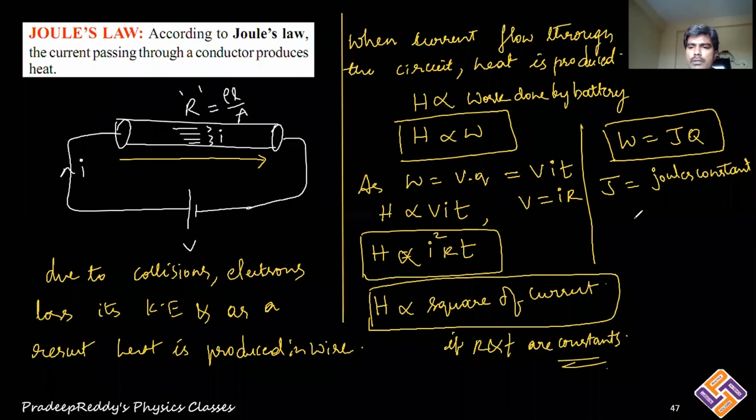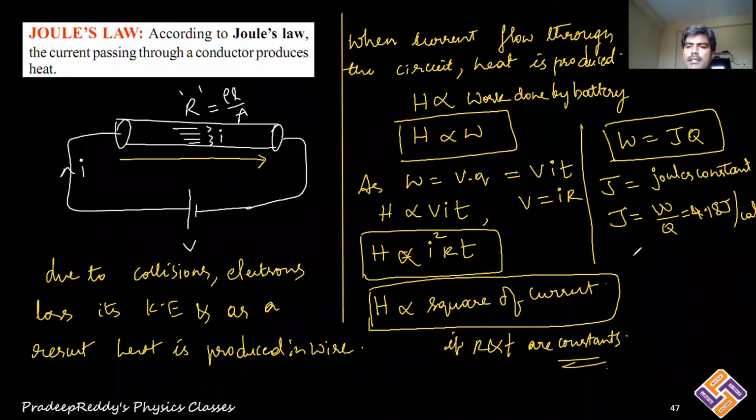And we can even write W is equal to JQ, where J is called Joule's constant. Joule's constant is W divided by Q, and its value is 4.18 joule per calorie. Unit of work done is joule, and unit of heat I am taking in calorie.